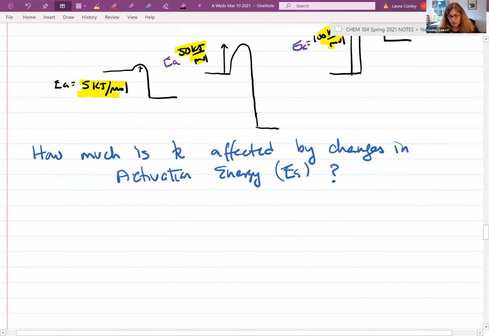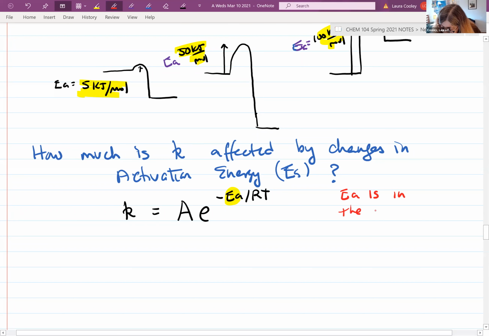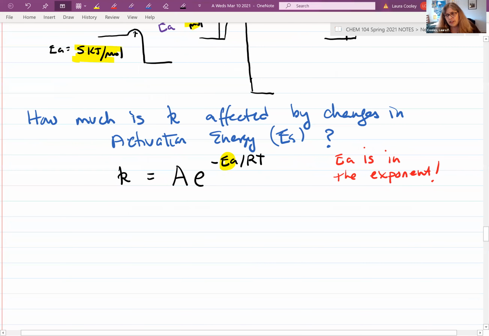Okay, so what I'm going to do is, I want to tell you that this Arrhenius relation has this EA in the exponent. When a number is in an exponent, it really has a huge influence on the value of that function.